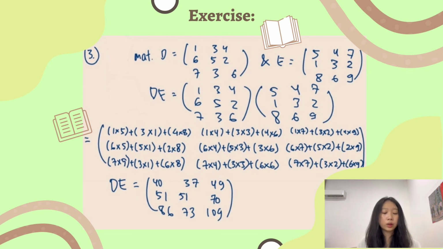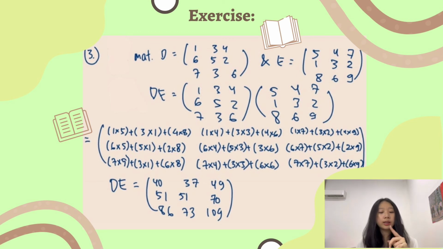For the D, it was 6 times 5 plus 5 times 1 plus 2 times 8. For the E1, it was 6 times 4 plus 5 times 3 plus 3 times 6. For the F1, it was 6 times 7 plus 5 times 2 plus 2 times 9.